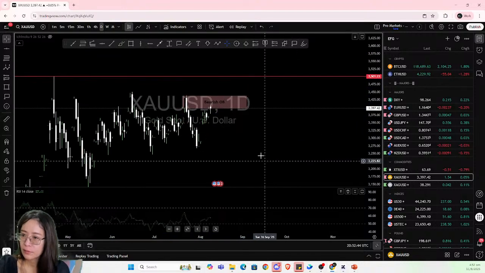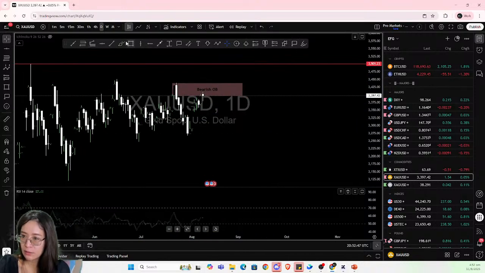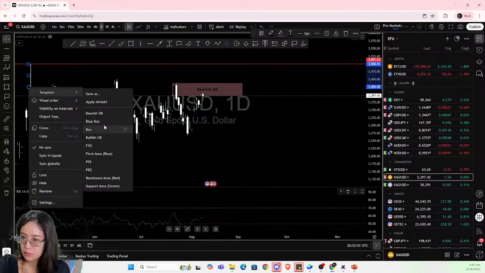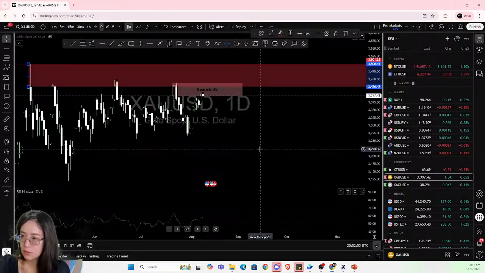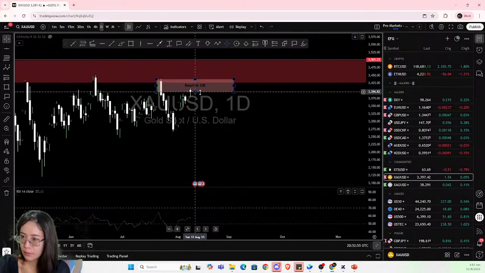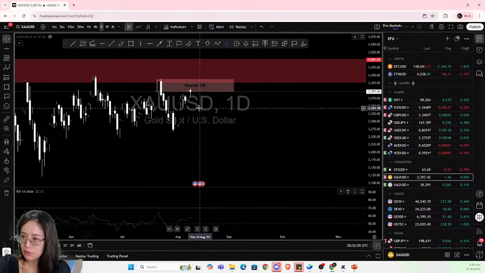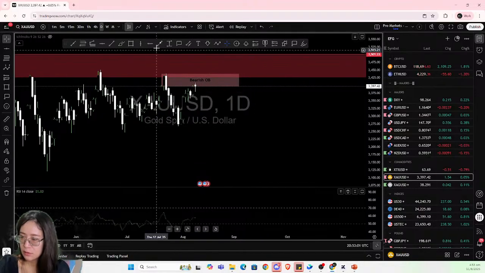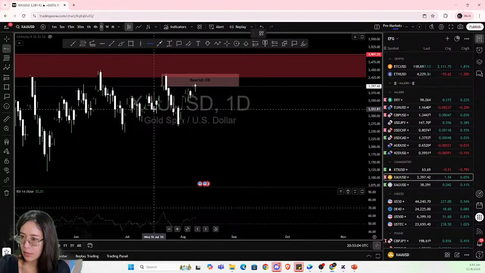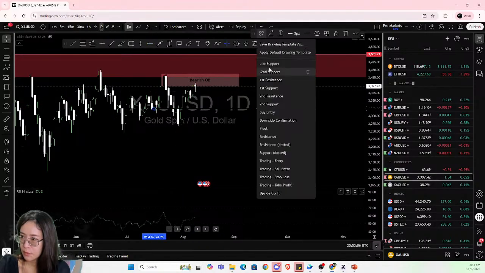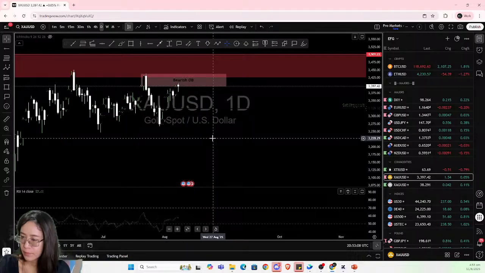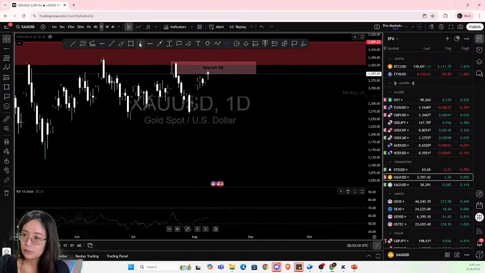Okay, meaning that this is the supply zone in the bigger picture. Here you might see the rejection within the order block, and this is my first support. Okay, this is the second support.